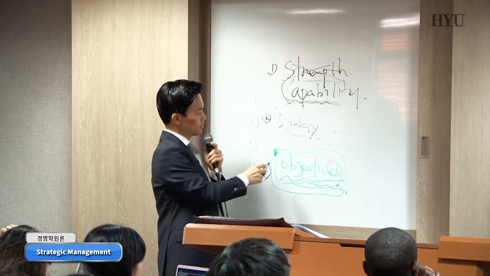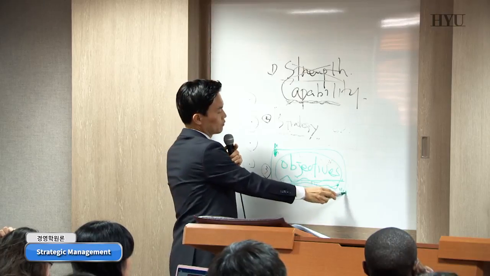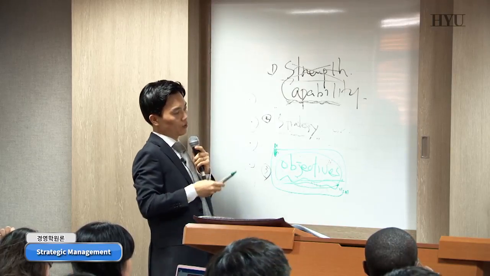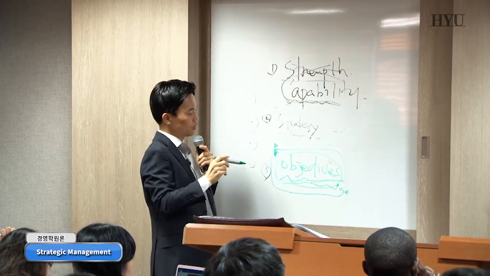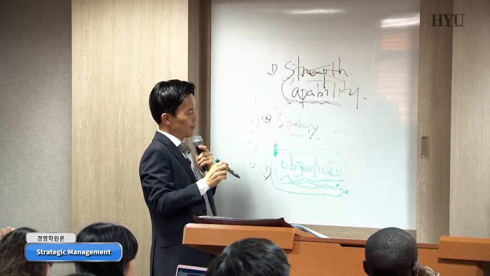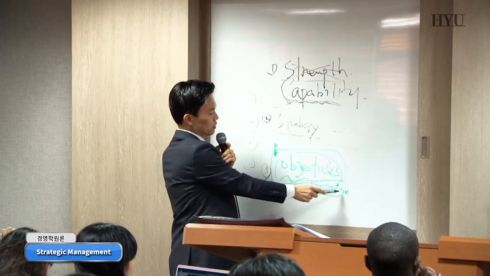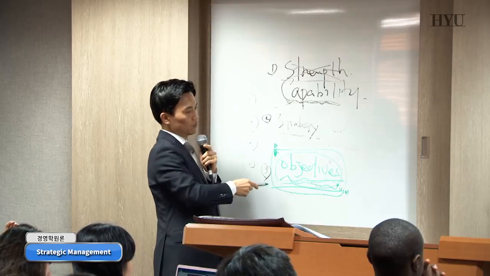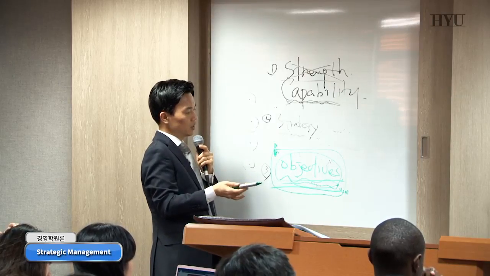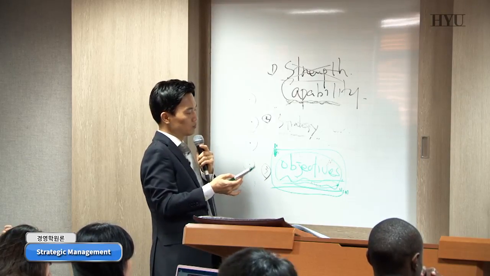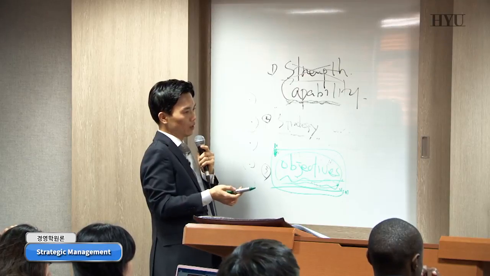So the point is, what's the objective of the firm? So that of the competitors, you have to read it. But the point is that understanding the objective of the competitors is sometimes not really seen well.